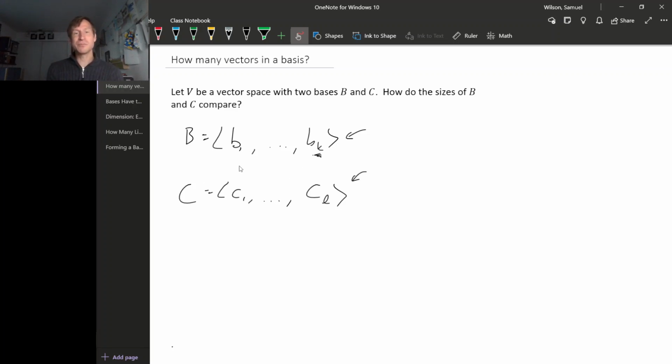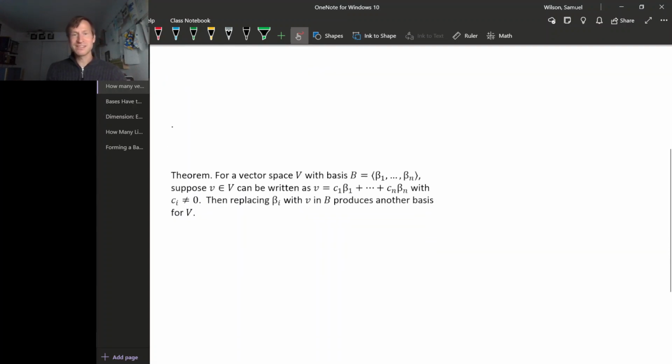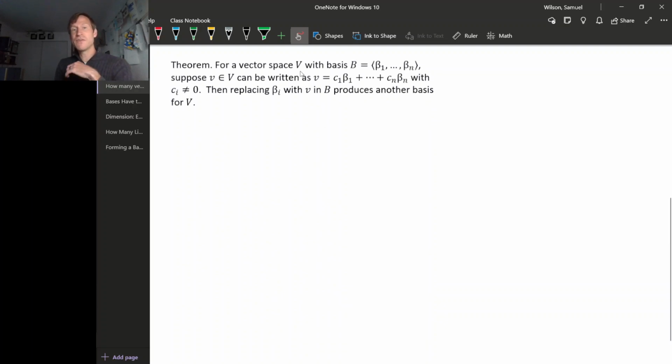So rather than jumping to comparing these two bases directly, let's see what happens if we replace just a single vector in a basis. So to give a little structure to that process, let's suppose that we have a vector space V and a basis for this vector space B, which is beta 1 through beta n, so it's a finite basis.